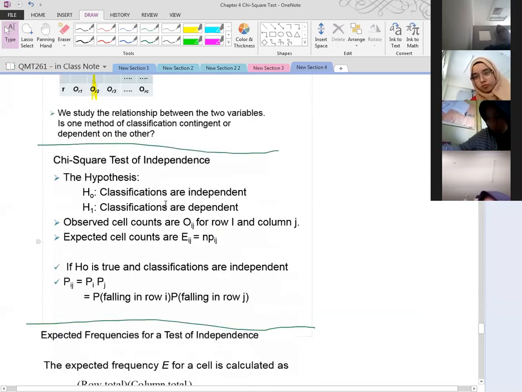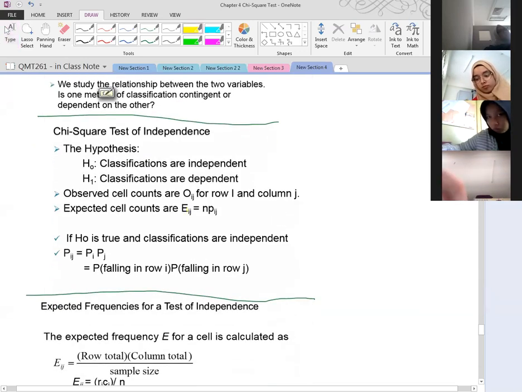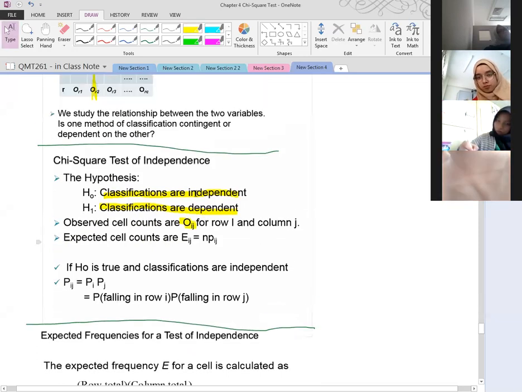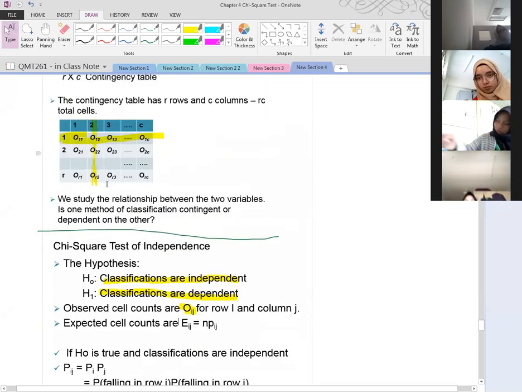So for the chi-squared test of independence, the null hypothesis is that the classifications are independent. Classification means the categorical data. The two categorical variables are independent. The alternative hypothesis is that the classifications are dependent. The observed cell count is denoted as O, which is your frequency value.